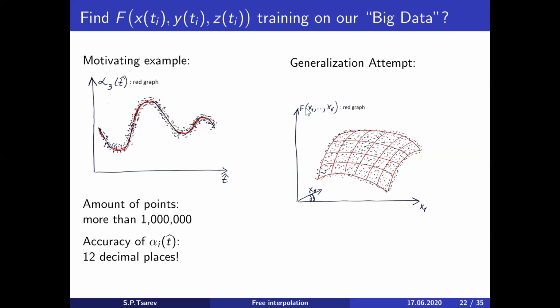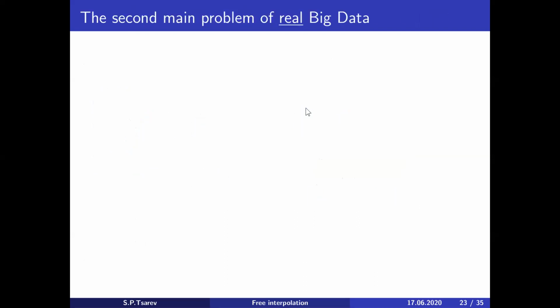Is it possible to train such a function on 1 million points? Are they enough in 6 dimensions instead of 1 dimension? Alpha is a univariate function, f is 6-variate function. So now we come to the, as I call it, second main problem of real big data. The first problem is just volume of data.